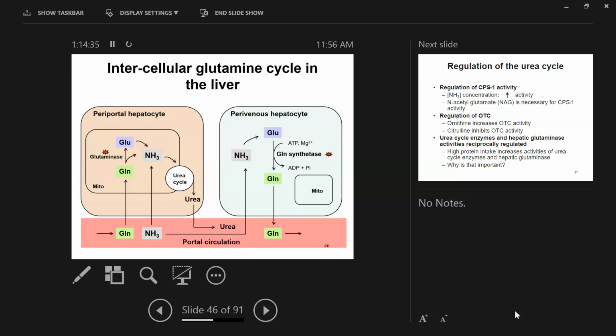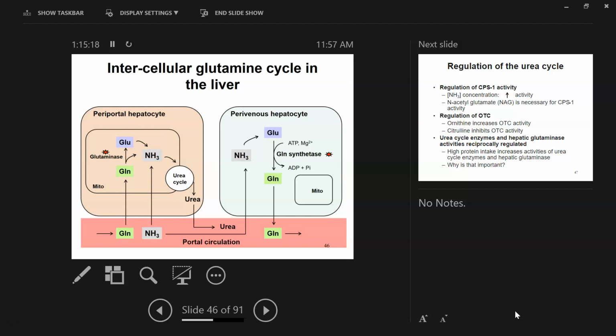It is a way of removing ammonia that serves as a backup mechanism to remove the ammonia in the circulation, right? Any questions about this intercellular glutamine cycle in the liver? So again, two different types of hepatocytes do different things. The periportal hepatocyte is the main cell that removes ammonium from the circulation through the urea cycle, urea synthesis.